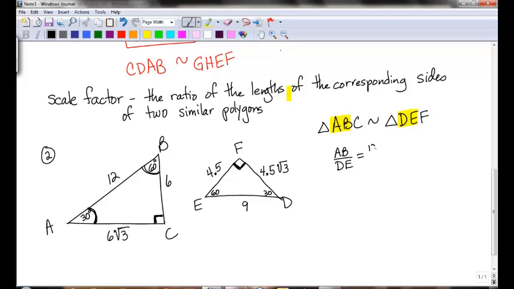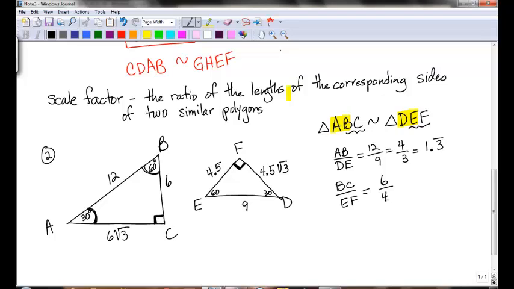AB is 12, DE is 9. Reduce that. 4/3 or divide it out. What do you get? 1.333 repeating, right? Now, if you've written it, then BC has to be similar to EF. BC is 6.